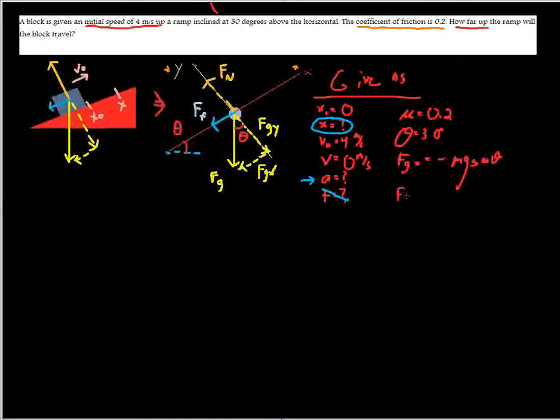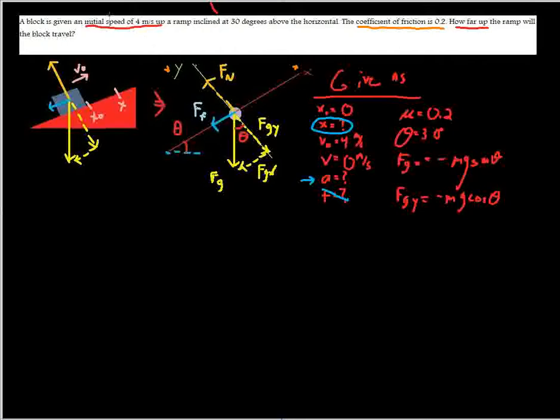And in the y direction, it will be negative mg cosine of the angle. And the reason why I chose negative for each the x and the y directions is because this was my positive direction up this way. Gravity is pulling in opposition to the positive direction in each case.